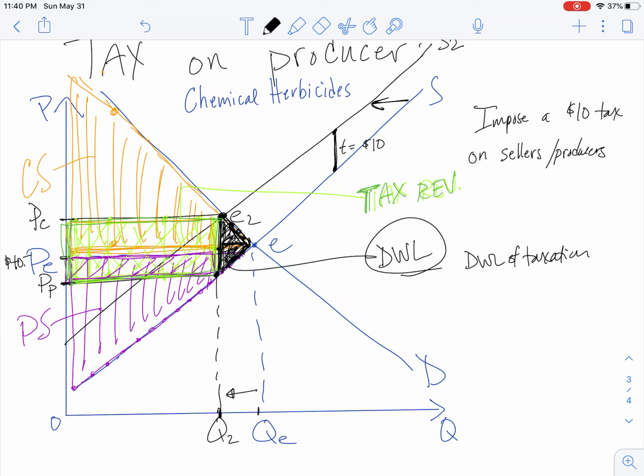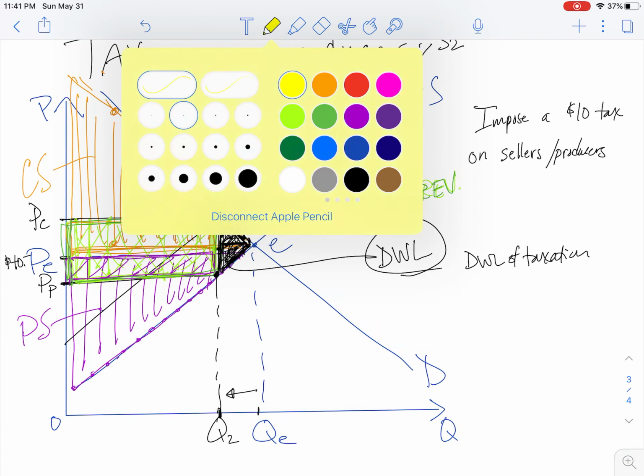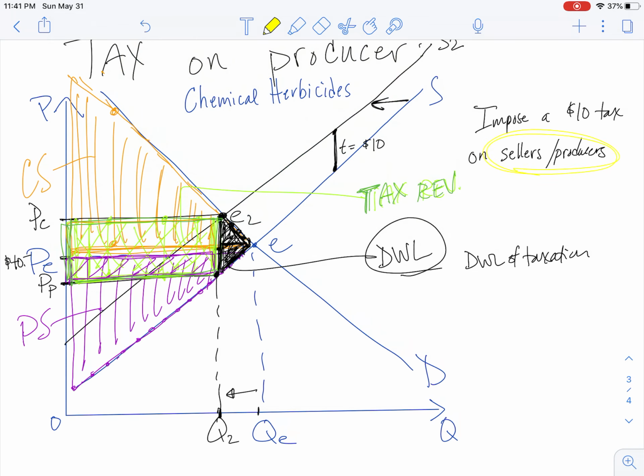Now, what's interesting? Can you control the economic incidence, that is, who bears the burden of the tax, by who you put the tax on? Here we put the tax on the producers, right? And we saw that the legal incidence was on the producers.